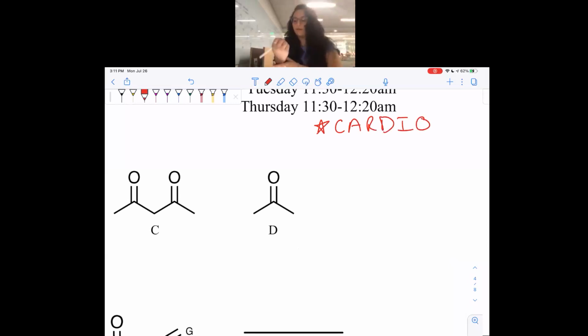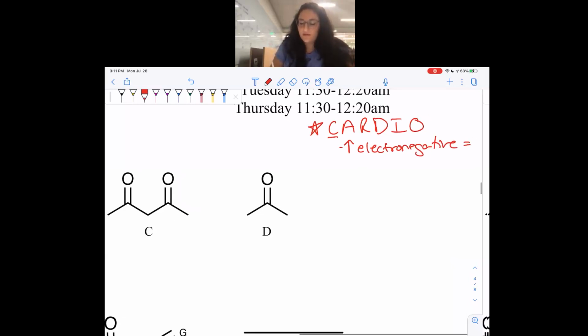If you remember from Orgo 1 and what we talked about earlier, we know that C is for charge. If we have a plus charge, it's more acidic. If it's a negative charge, it's going to be more basic. And then we talked about atom. So we know that more electronegative equals more acidic.